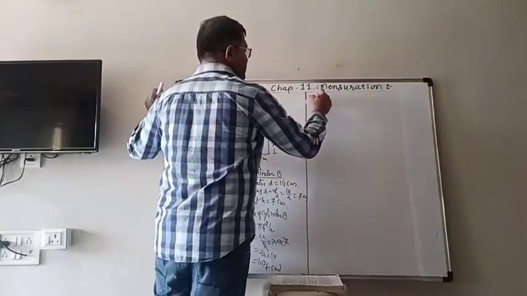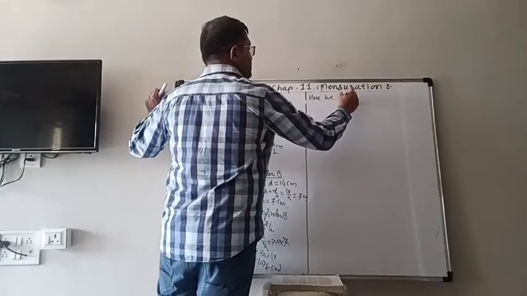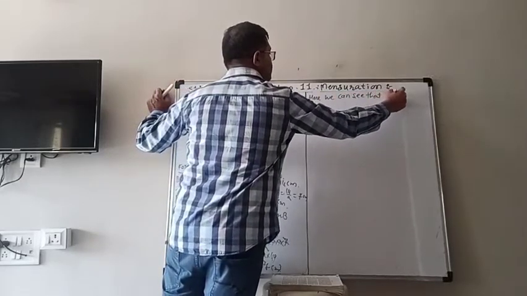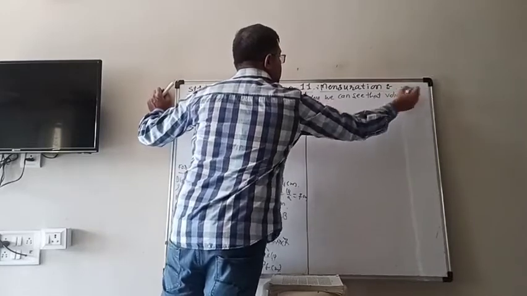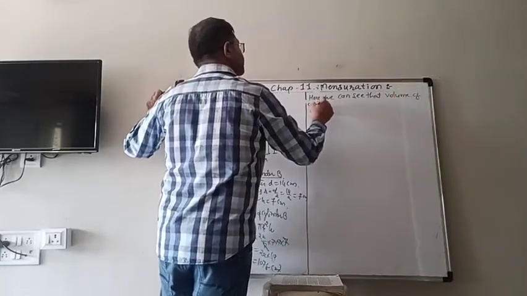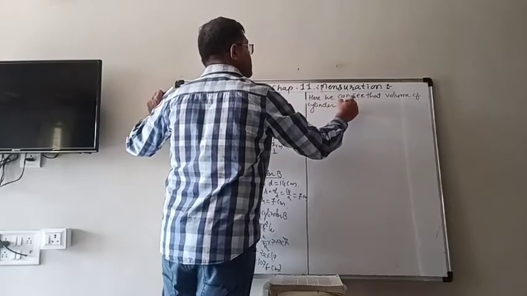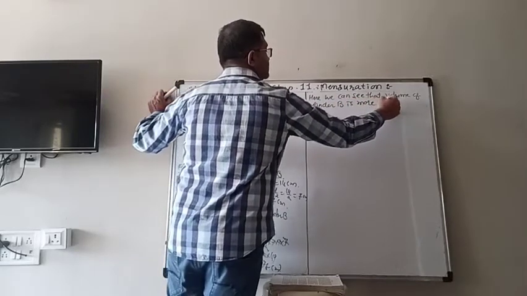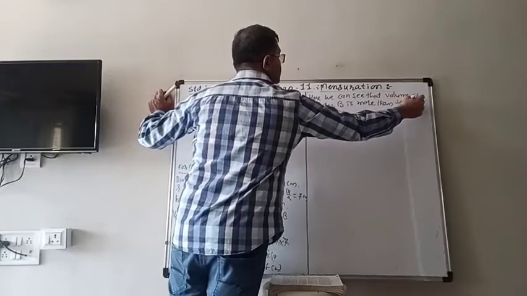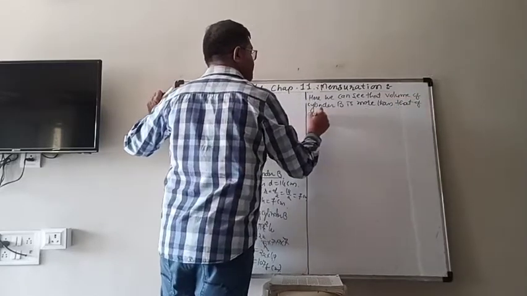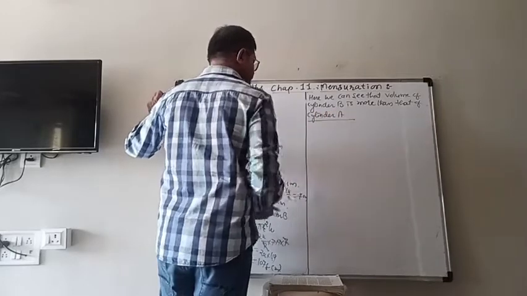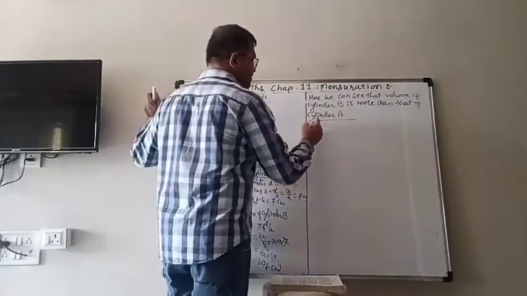So here we can see that volume of cylinder B is more than that of cylinder A. Now we will find the surface area.